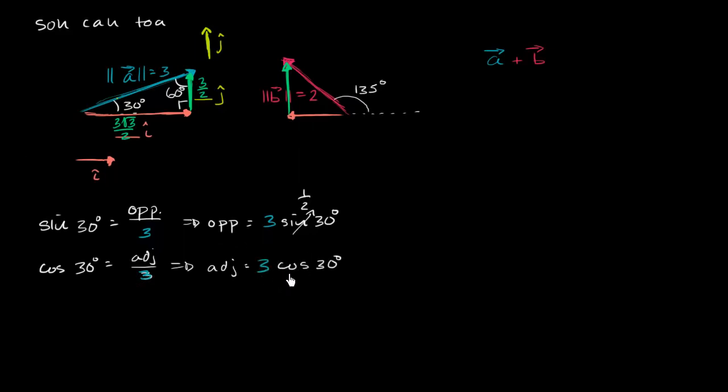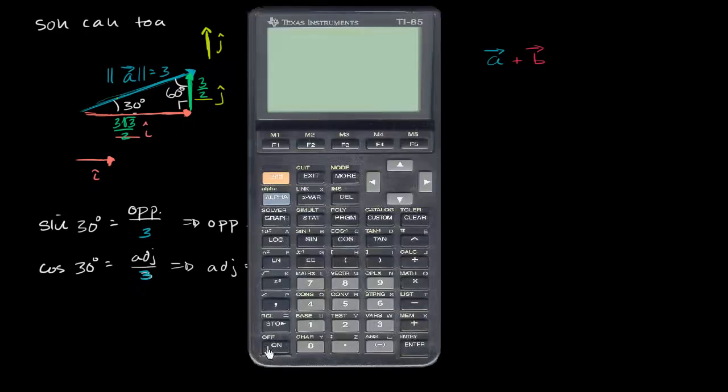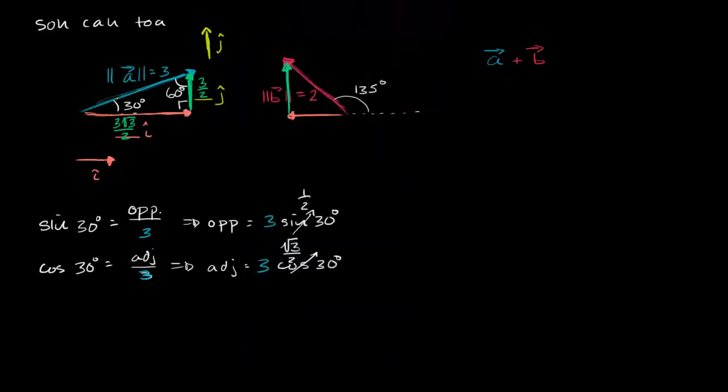And the cosine of 30 degrees, if you type it in your calculator, you're actually going to get some type of a decimal, but it's square root of 3 over 2. So 3 square roots of 3 over 2. And you can verify this if you like. So we see here sine of 30 is indeed 1/2, and cosine of 30, well, you get this kind of crazy decimal, but notice that is the same thing as square root of 3 divided by 2, the exact same value right over here. But we were able to figure that out just using what we know about 30, 60, 90 triangles.